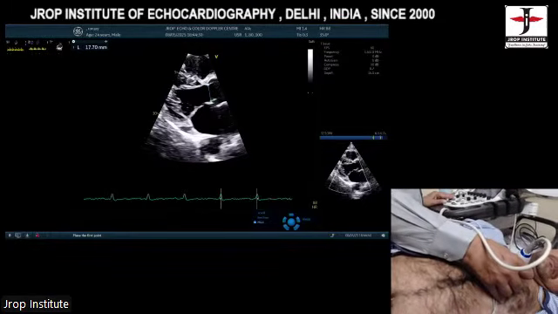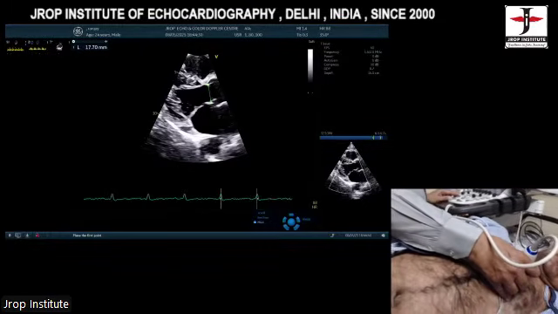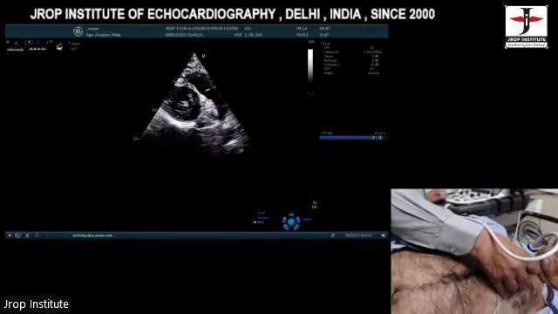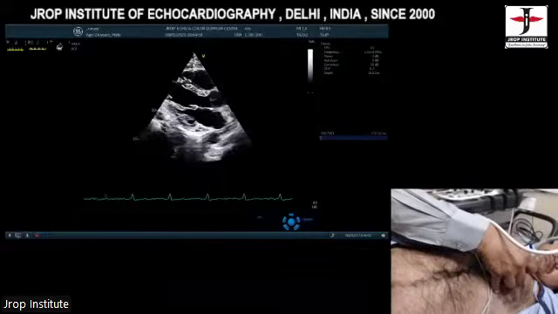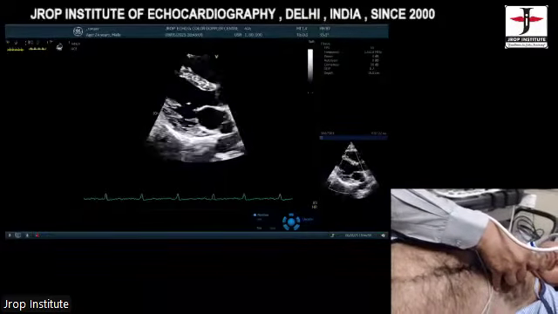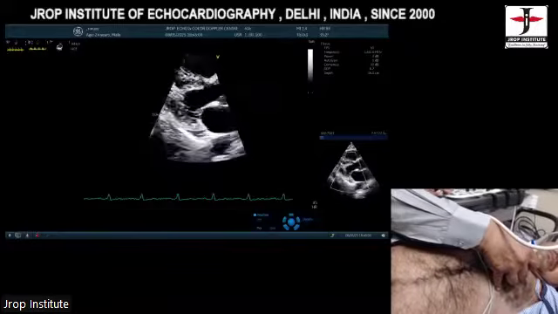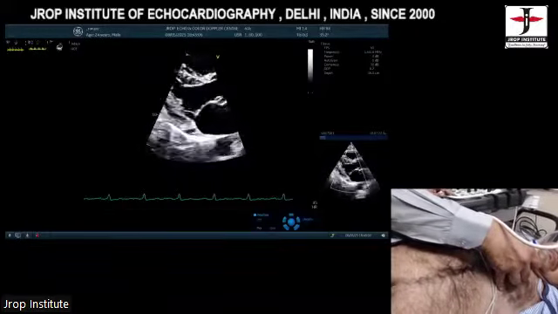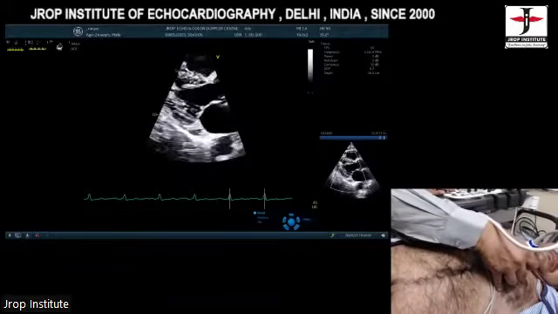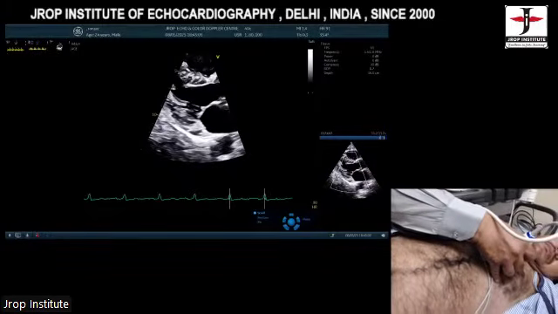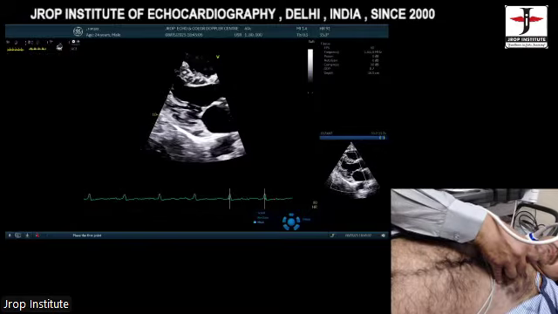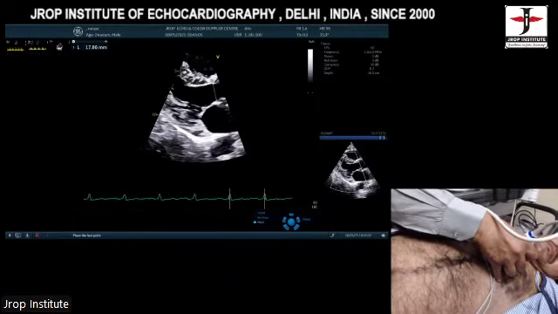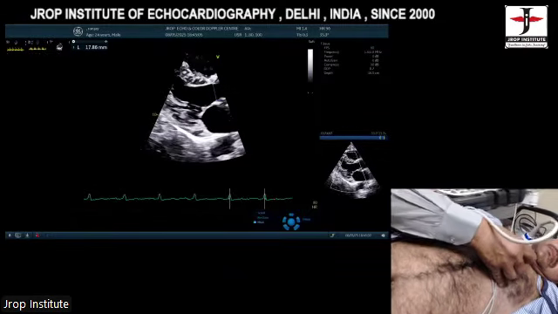At the hinge point of the right and non-coronary cusp, we get the LVOT diameter. So I'll go back again and I'll try to zoom up my picture for the same. Hinge point over here. And it's mid systole.